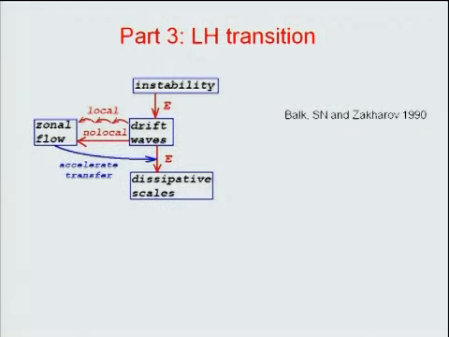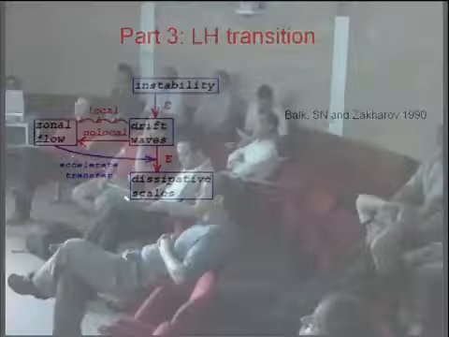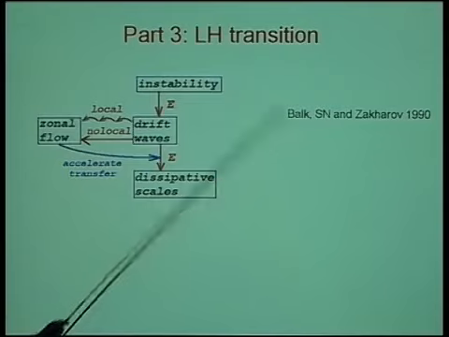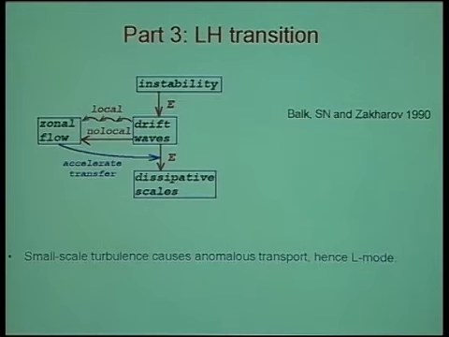Okay, so finally, the L-H transition. This is a familiar picture that many of us have heard or drawn in the past, this feedback loop, how zonal flows will, in the end, suppress the drift waves, right? In fact, we stumbled across, or conjectured, this kind of mechanism based on wave turbulence considerations.